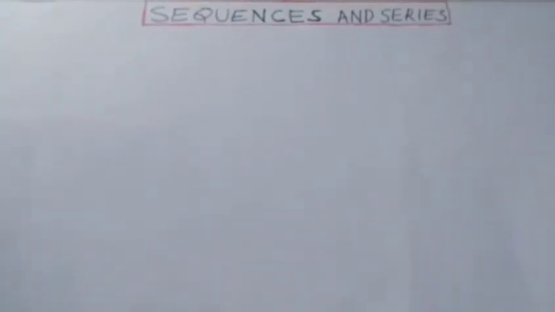Now let us learn to find the sum to first n terms of a geometric progression whose first term is a and common ratio r.